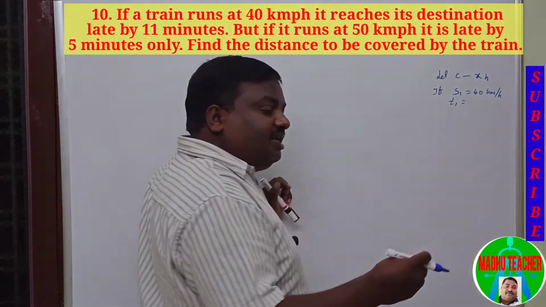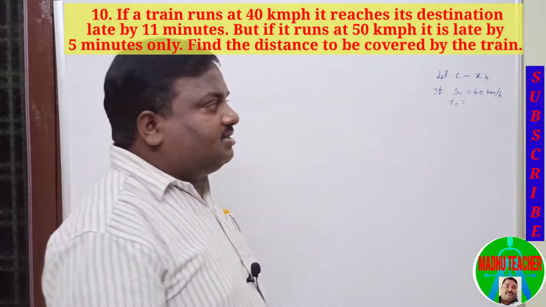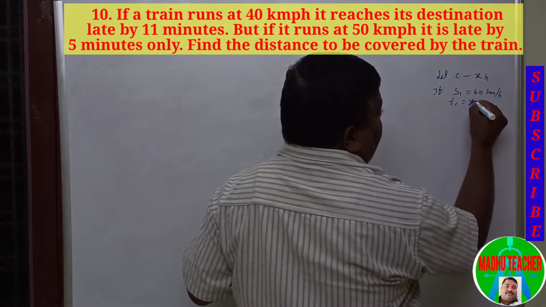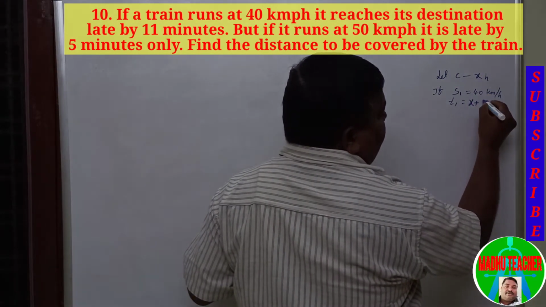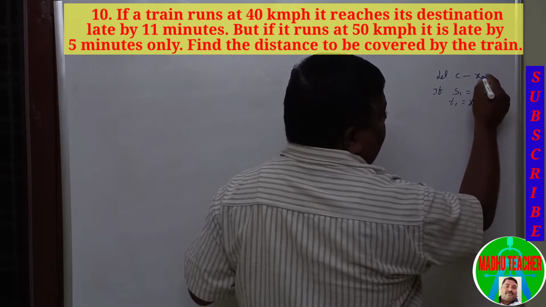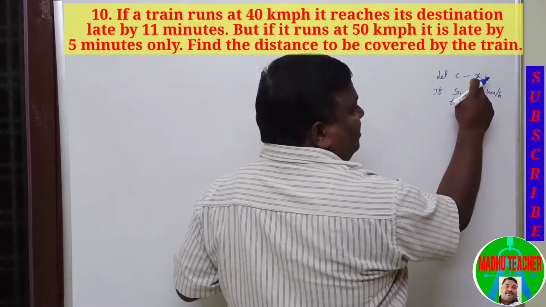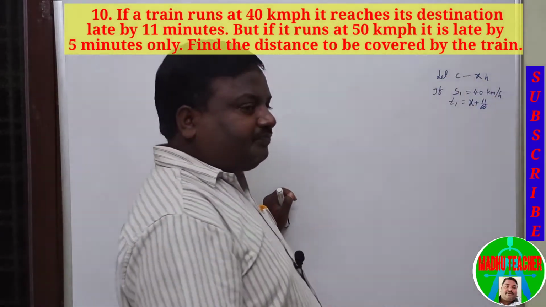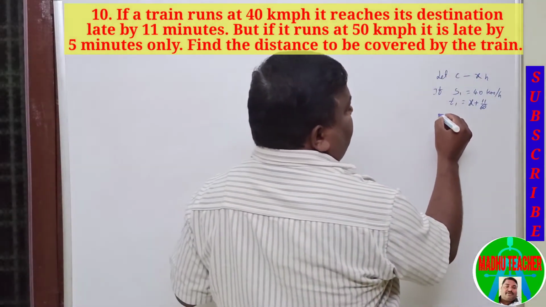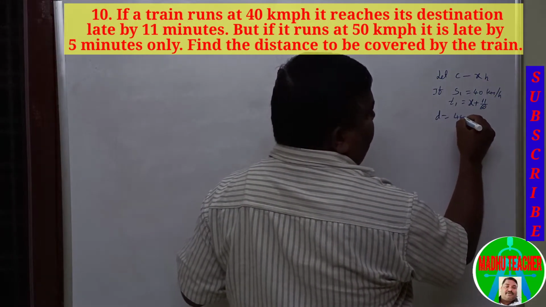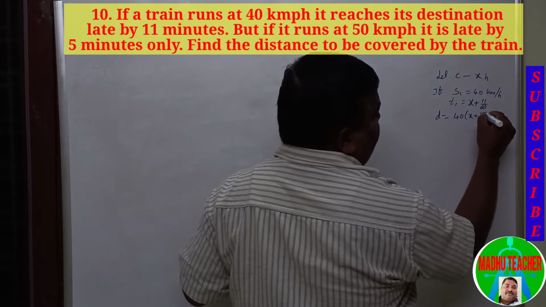That means it is taking 11 more minutes, so the correct time is x hours plus 11 minutes. It is in minutes but we took hours, so divide by 60. Then distance equals speed into time, so 40 into (x plus 11 by 60).